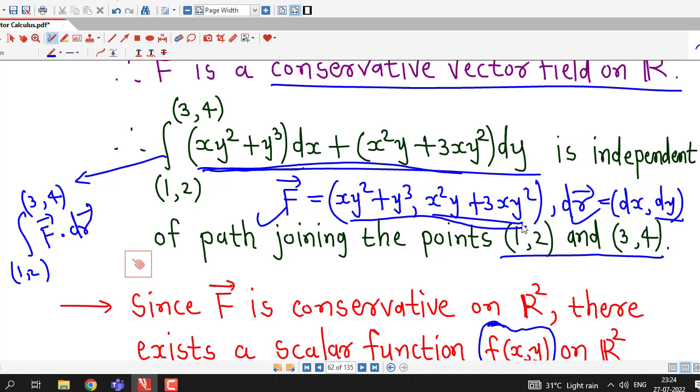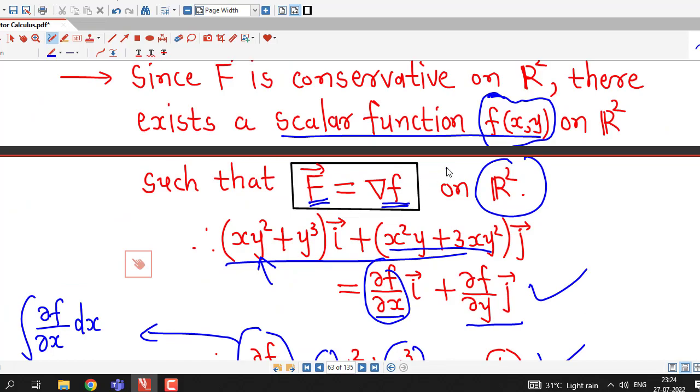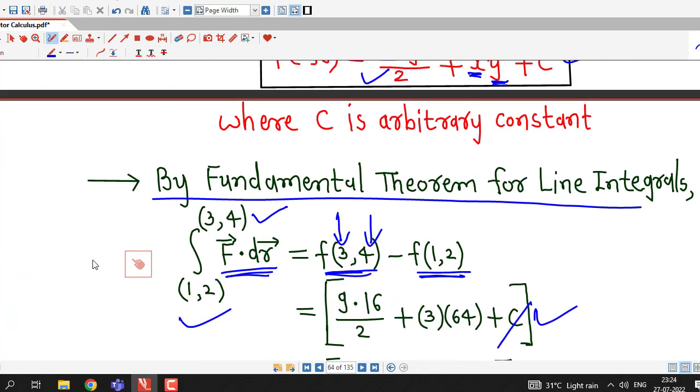We know that if f bar is conservative, the line integral is independent of path, and we can write f bar as the gradient of a potential function. Using that potential function and the fundamental theorem of line integrals, we are able to write this line integral as the difference of the value of the potential function at the upper limit minus the value of the potential function at the lower limit.